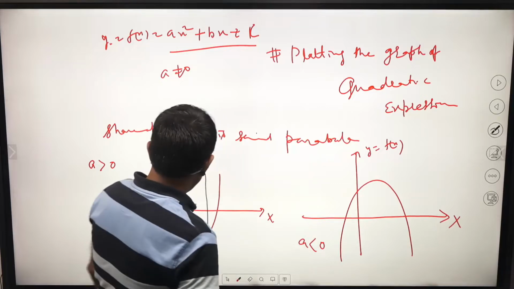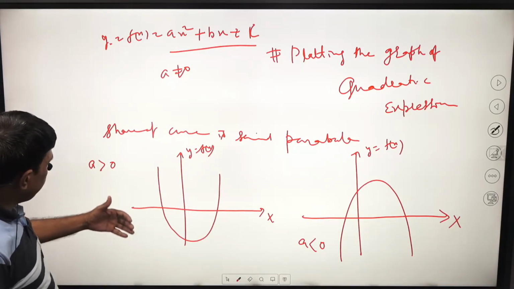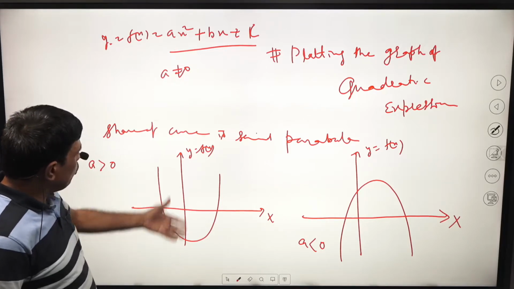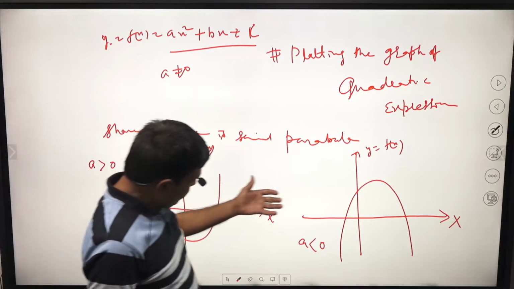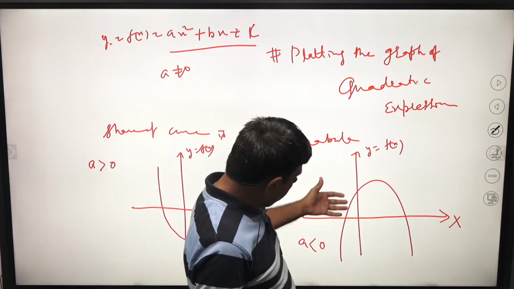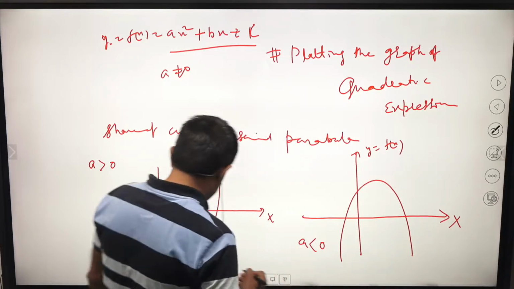If a is greater than 0, the parabola opens upward, and if a is less than 0, then the parabola opens downward.